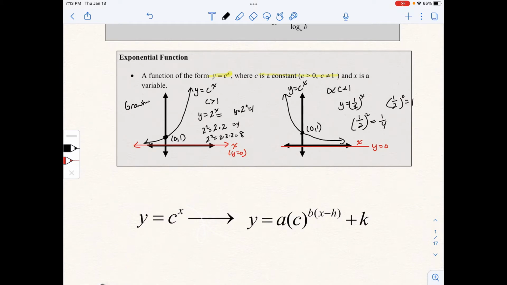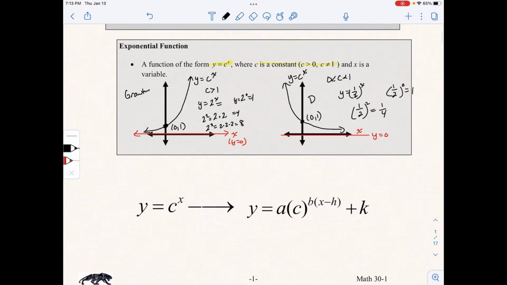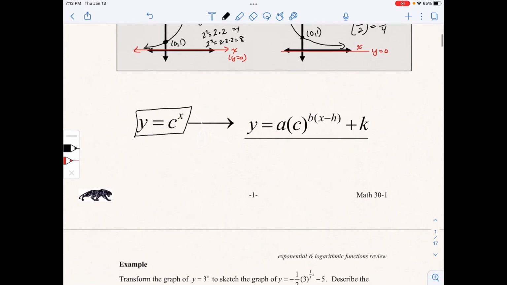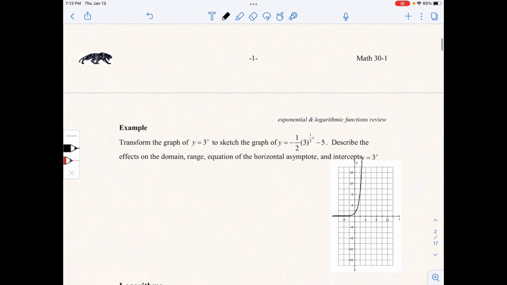So there's our y-intercept, and this is what we call a decay function. And of course, here's our basic function, y equals c to the x. We can transform it with all of our transformations from our first unit, which we'll look at in the next example.